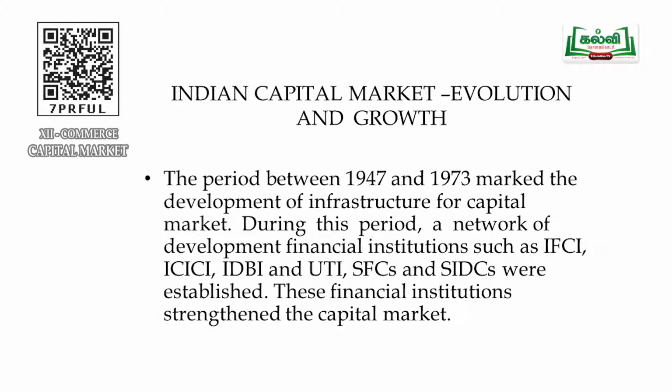These financial institutions strengthened the capital market. It means the IFCI, ICICI, IDBI, UTI, SFCs and SIDCs were established during the evolution of the capital market, and from that evolution the financial institutions became strong in the capital market.